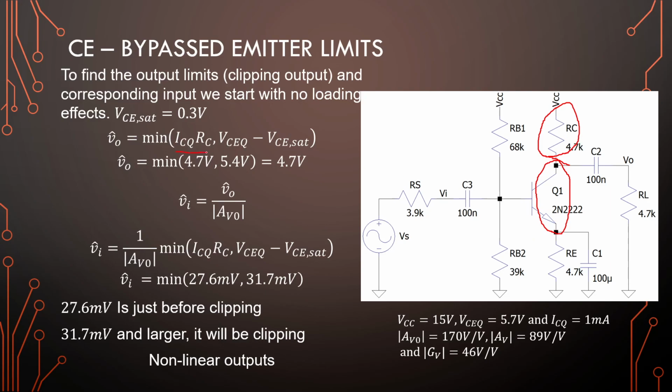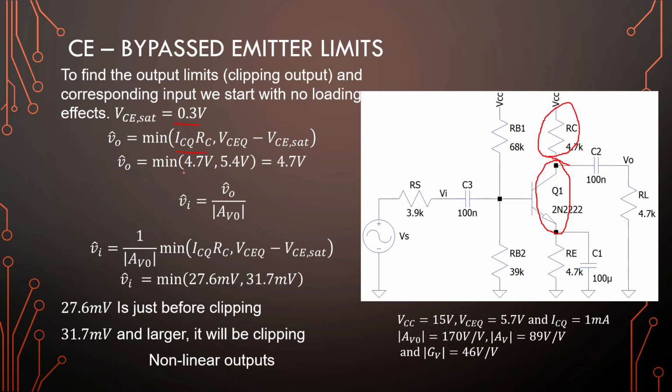So we need to determine ICQ multiplied by RC, and the Q point of our transistor minus the saturation of our transistor. Since we're interested in the edge of saturation, we will be using 0.3 volts over here.